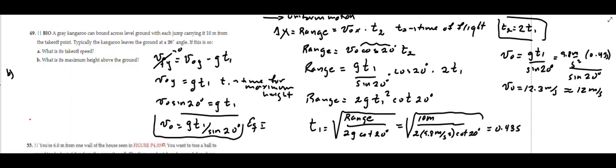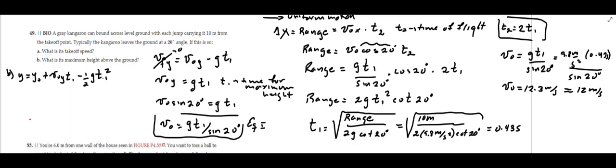One of the equations of kinematics states that y is equal to y sub 0 plus v sub 0y times t1, minus 1 over 2 g t1 square.